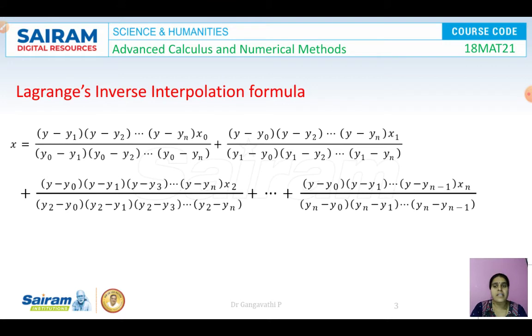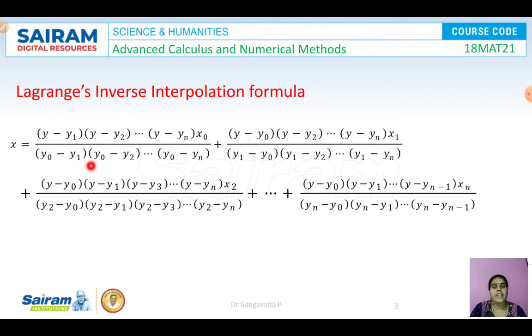Whereas in the reverse process, if we find the value of x by making use of the values of y, then it is the inverse interpolation formula. So we are finding x, y minus y1. The formula remains the same, Lagrange's and inverse Lagrange's. The difference is that all the x terms are replaced by y terms and all the y terms are replaced by x terms. That's all the difference. So y minus y1 into y minus y2 and so on, y minus yn is multiplied to x naught.